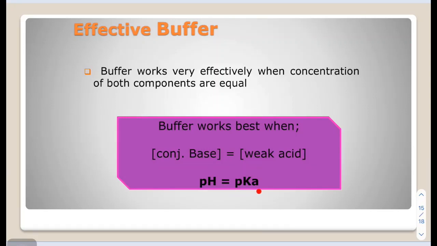Remember pKa means negative log Ka, the acid dissociation constant. And then if we have a basic salt, pOH will be equal to pKb. So this is for the acidic, this is for basic.